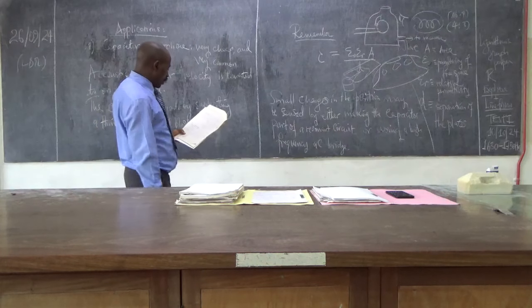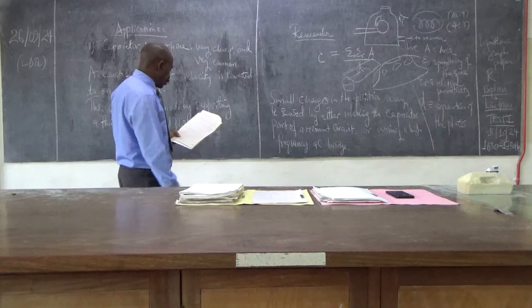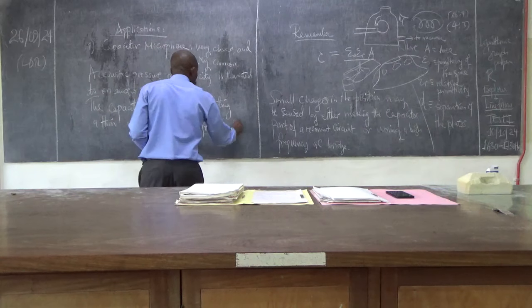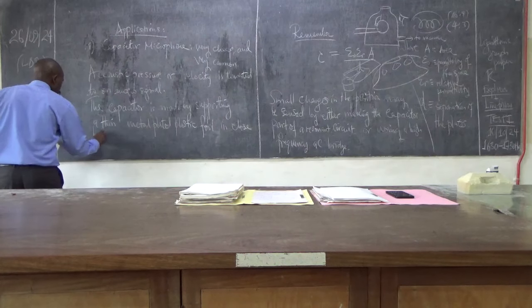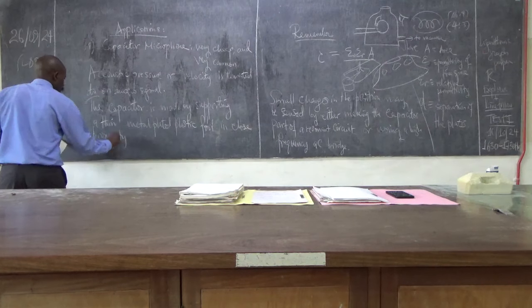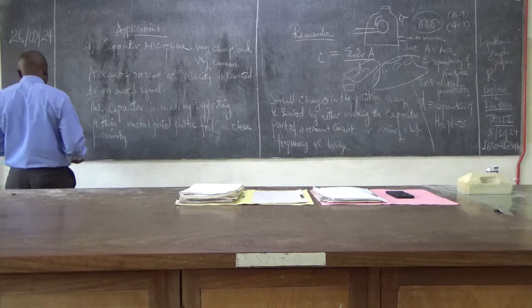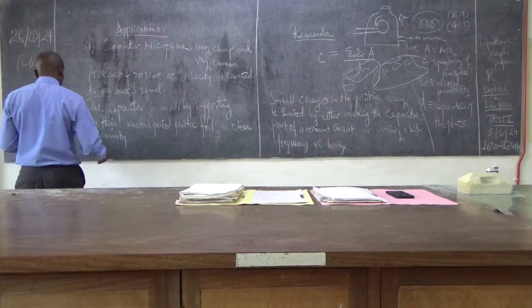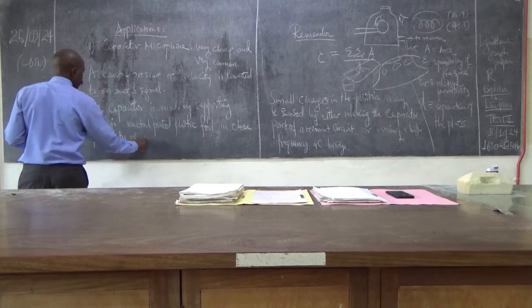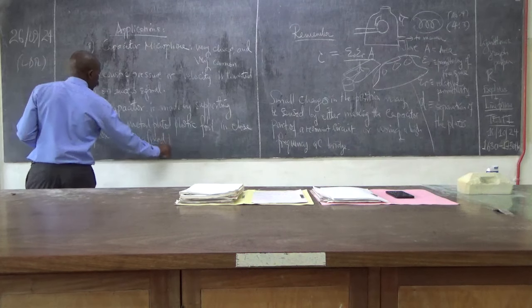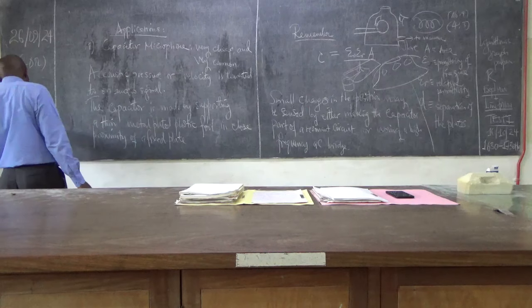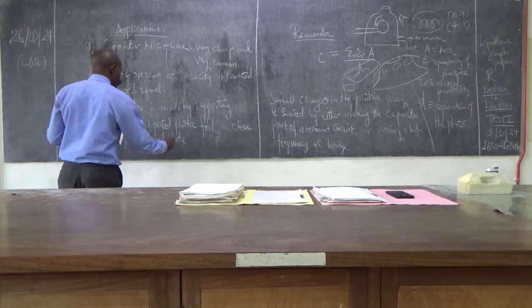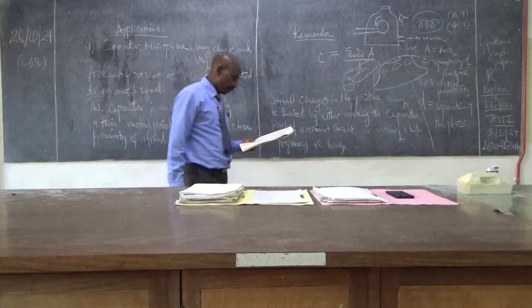Foil in close proximity of a fixed plate. So the capacitor is charged through a large resistor.